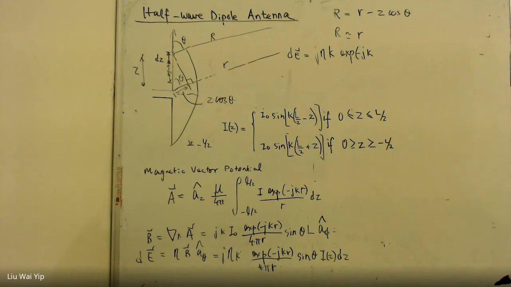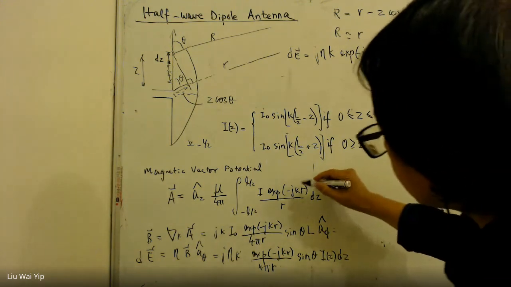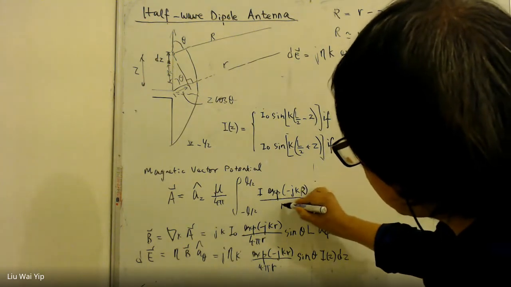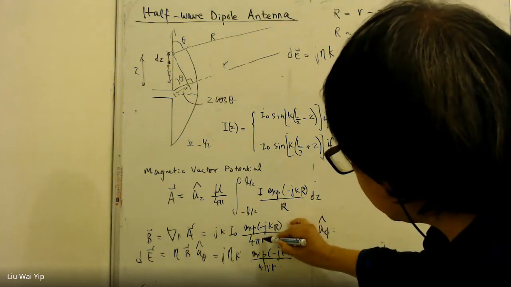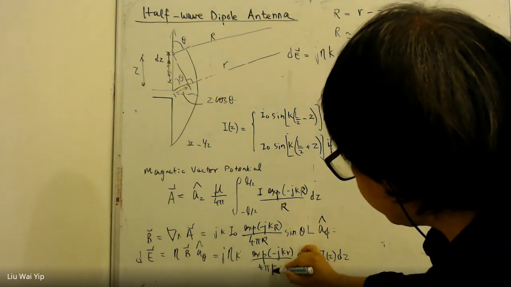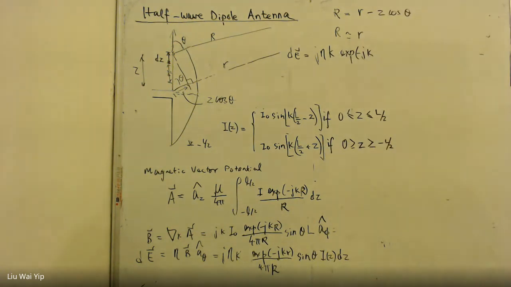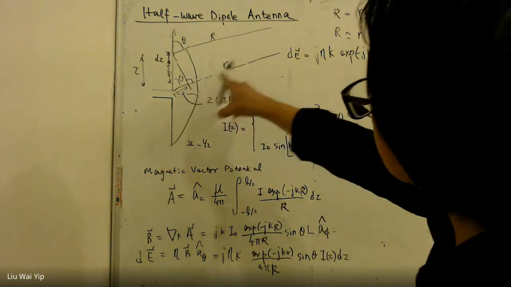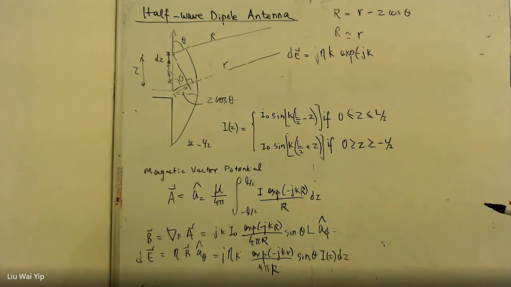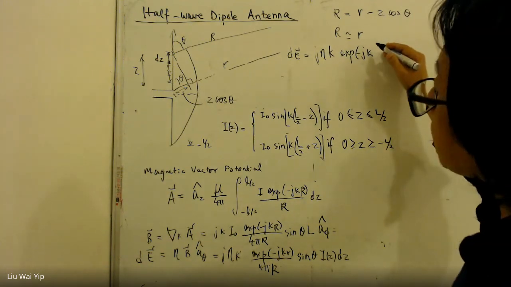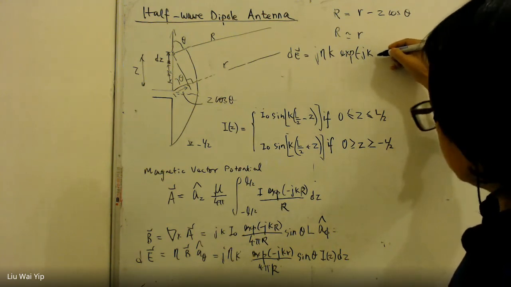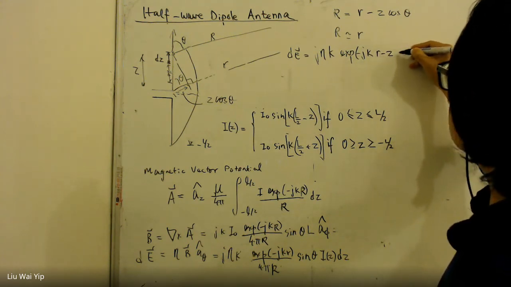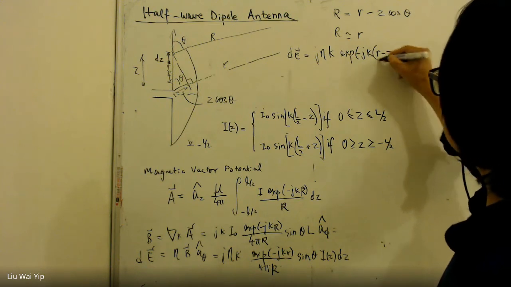Let's say in this case that we use capital R for each of them just to avoid all the confusion. And now we are going to replace it with the small r. So this one is going to be r minus z cosine theta.